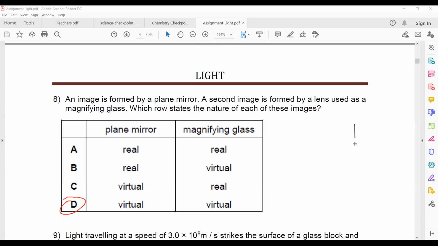Like, if this is a plane mirror and you place an object in front of the mirror, the light rays strike the surface and follow the law of reflection, bouncing back.